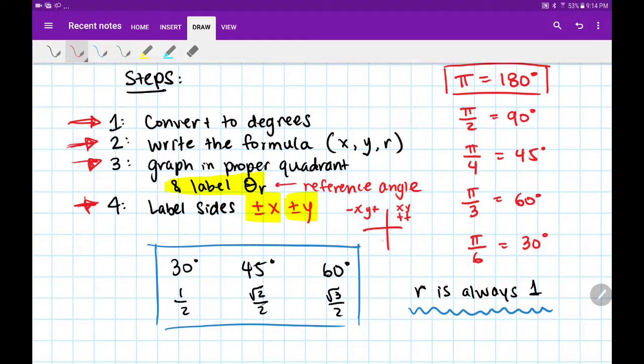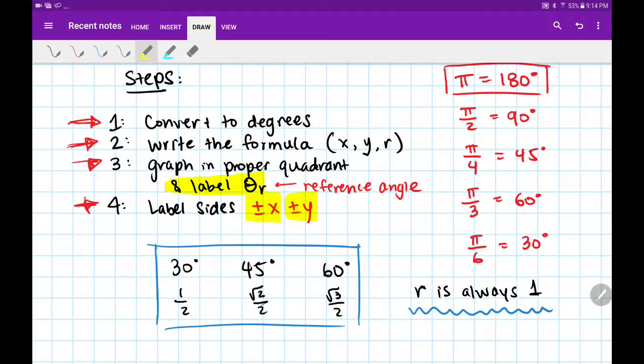In quadrant 3, I have a negative x and a negative y. And in quadrant 4, I have a positive x and a negative y. You need to keep those in mind. And remember, r is always positive. Okay. So if you've got those 4 steps written down, then today's homework will be very easy for you.